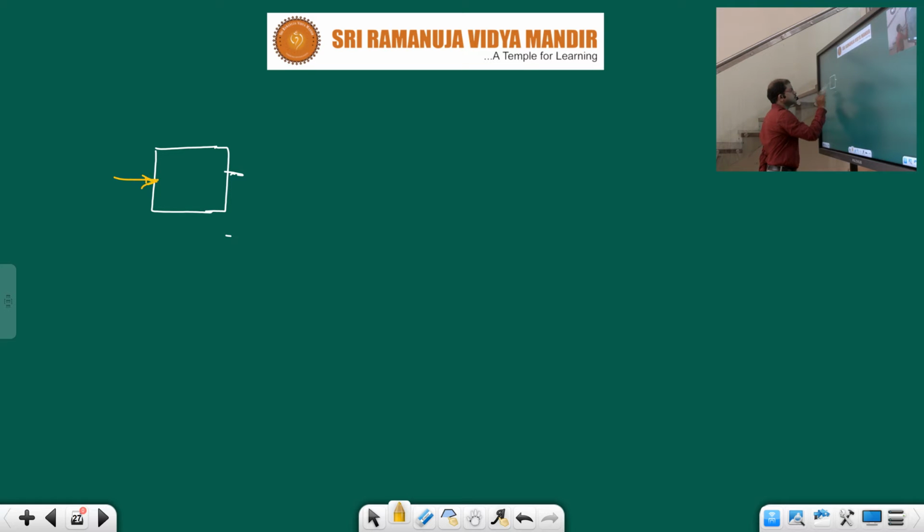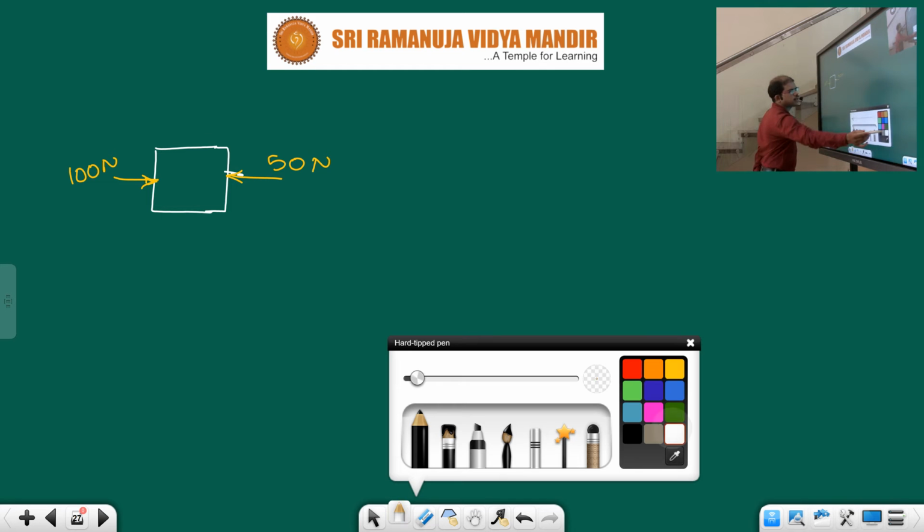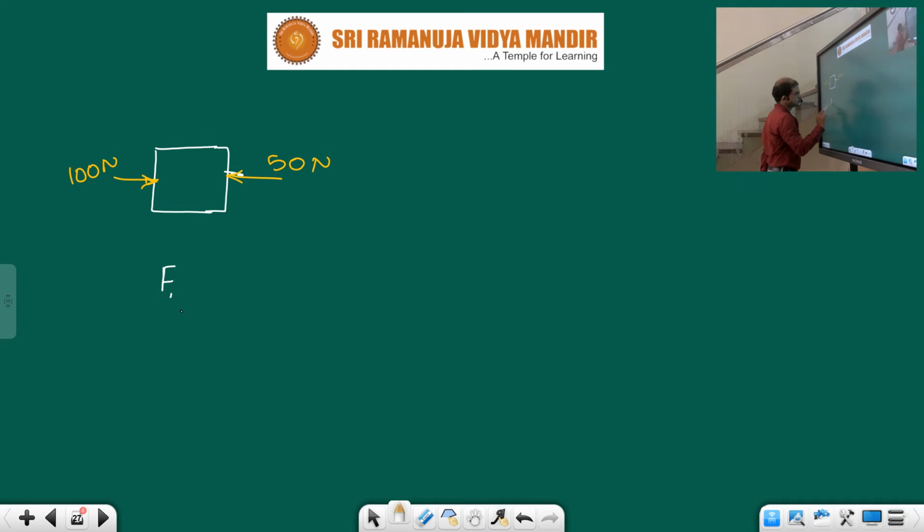In this direction some 100 newtons of force is acting. In this direction some 15 newtons of force is acting. So here we need to calculate the net force.